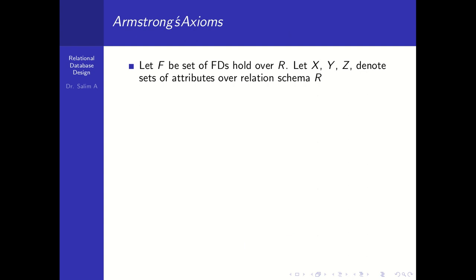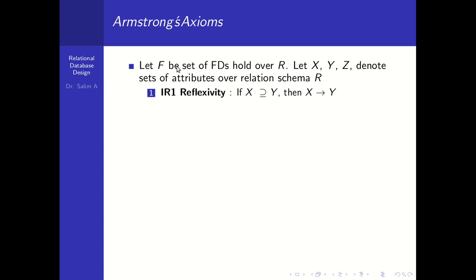Now, what are Armstrong axioms? Let F be a set of FDs that hold over relation schema R. Let X, Y and Z denote sets of attributes over relation schema R. There are 3 Armstrong axioms plus 3 inference rules, total together 6 inference rules.